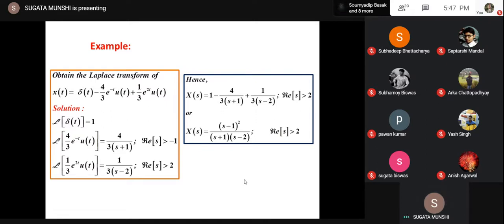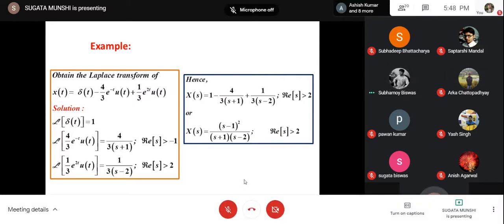Recall for what type of signals you can substitute s equal to j omega in the expression for the Laplace transform to yield the Fourier transform. Do you remember? Signals which are absolutely integrable. Unbounded signals are not absolutely integrable.